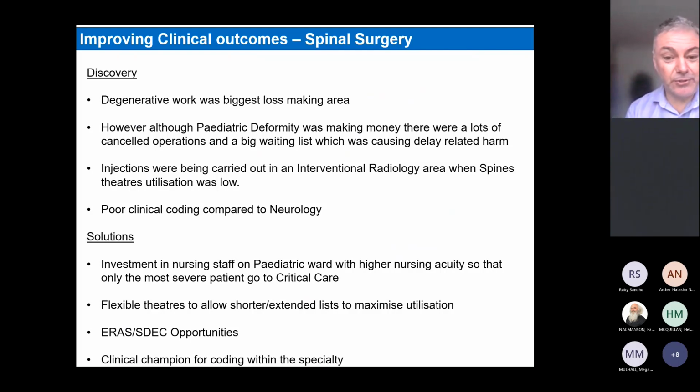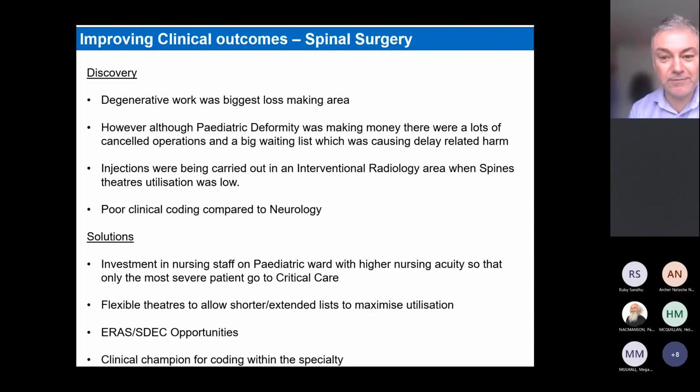Flexible theatres to allow shorter and extended lists. So what we realised was that a lot of spines ops take 6 hours-ish, 6-7 hours, but our theatres were basically leased out in 4-hour blocks. So 4 hours was not long enough. We had to book an 8-hour list to do a 6-hour op.